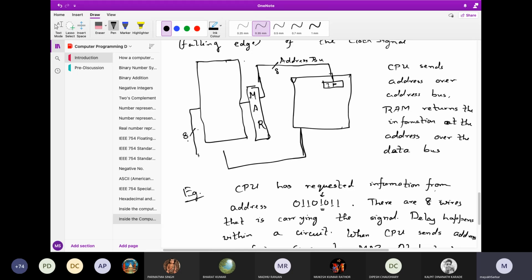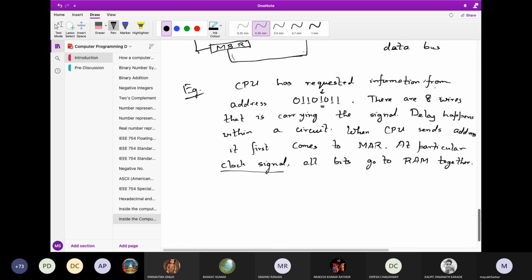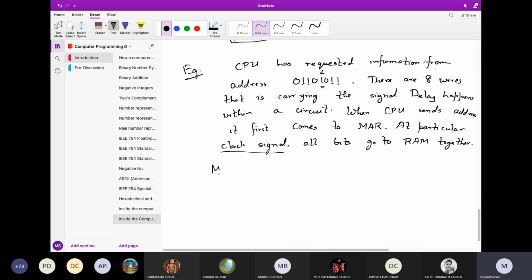of the data bus, and this data bus will not go directly to the control unit, rather it will come to a register. Though this register stays closer to the control unit, in fact closer to the CPU, this is called the memory buffer register, that works as a buffer.